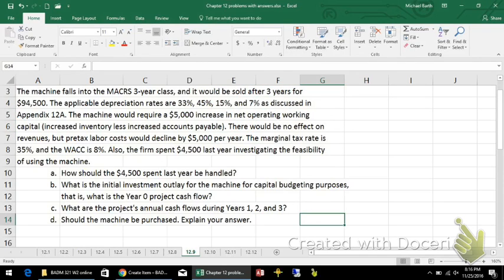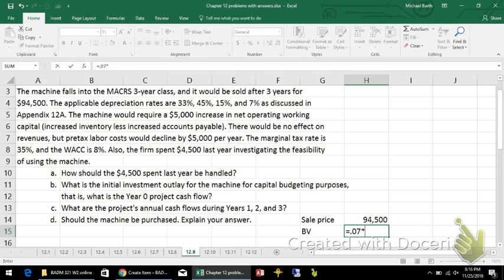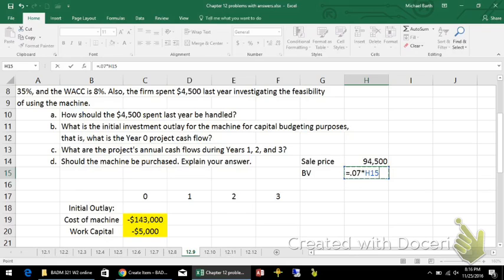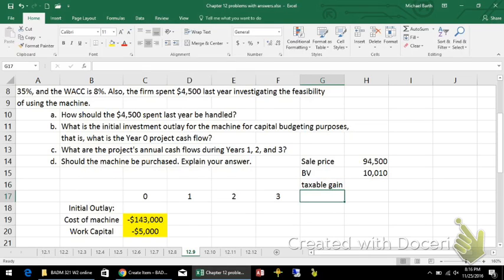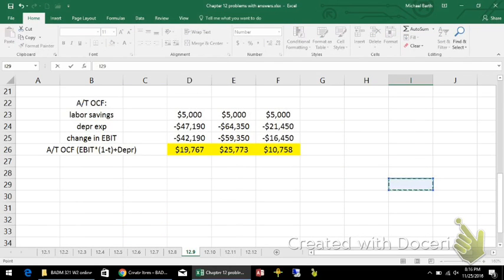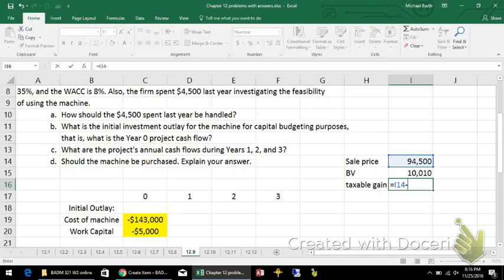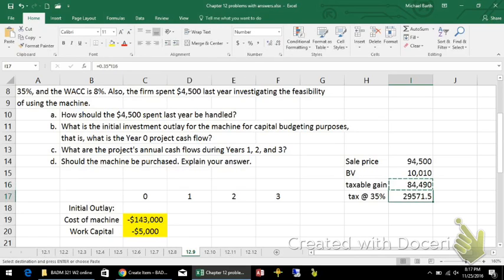So if I sell the equipment for $94,500 and it has a book value of 7% of the initial investment, which is $143,000, I have a taxable gain of $84,490, and the tax at 35% on that would be 35% of $84,490.